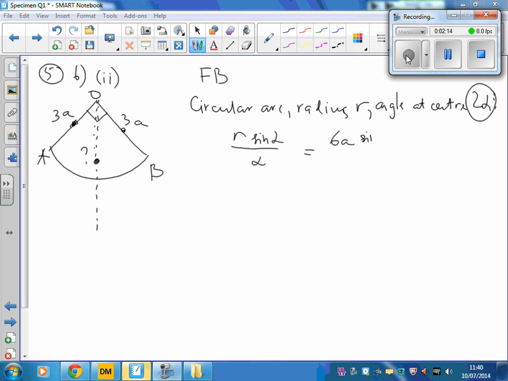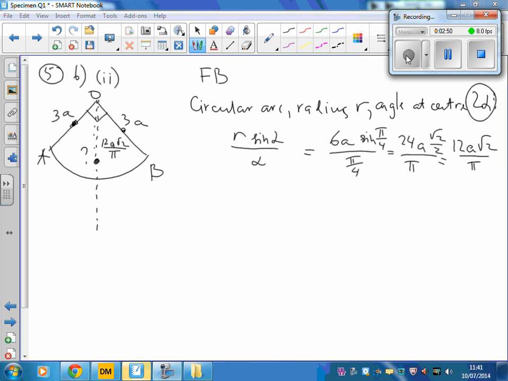So we've got 6a sine pi over 4 over pi over 4, which gives us 24a root 2 over 2 over pi, or after simplifying the expression at the top, 12a root 2 over pi. So that's the distance of the center of mass of the circular seat, 12a root 2 over pi.